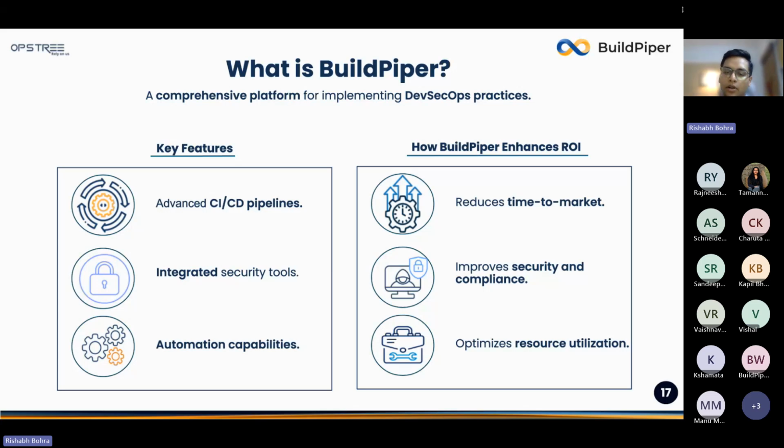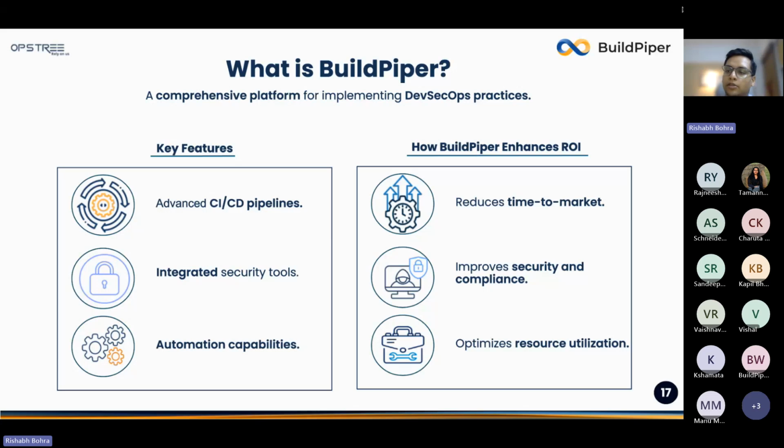The platform also gets deployed into your environment, and all the control of the data resides within your environment itself. And it can also help you with deployments across multiple environments, across multiple hyperscalers as well.